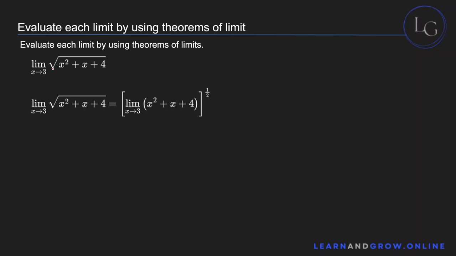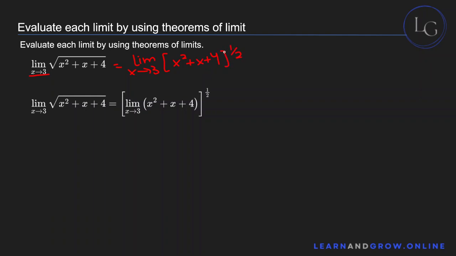You have the under root of x squared plus x plus 4 as x approaches 3. Now again, this entire term is equal to the limit as x approaches 3, and the square root can be written down as the power 1 by 2, right?